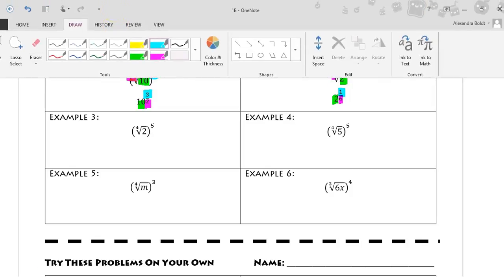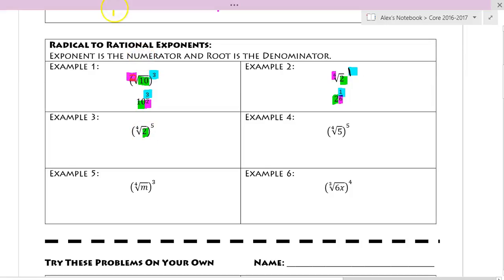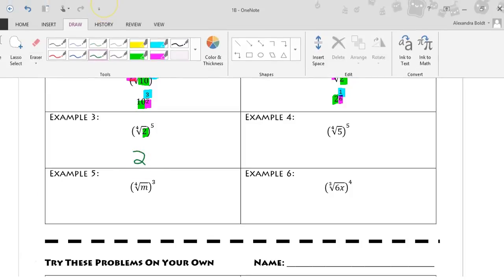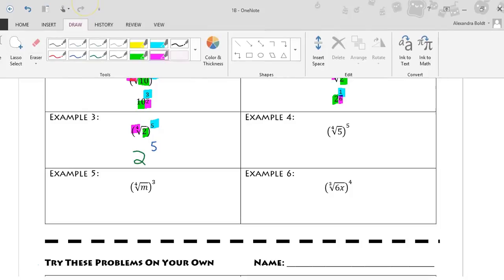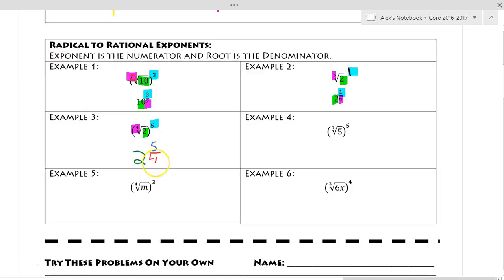Example 3, right? I have my base. The exponent goes in the numerator, so my numerator is going to be 5, and my root goes in the denominator, so my denominator is going to be 4. So 2 to the 5/4.